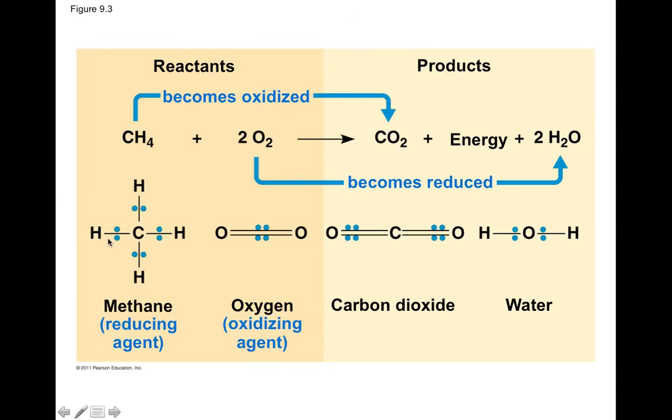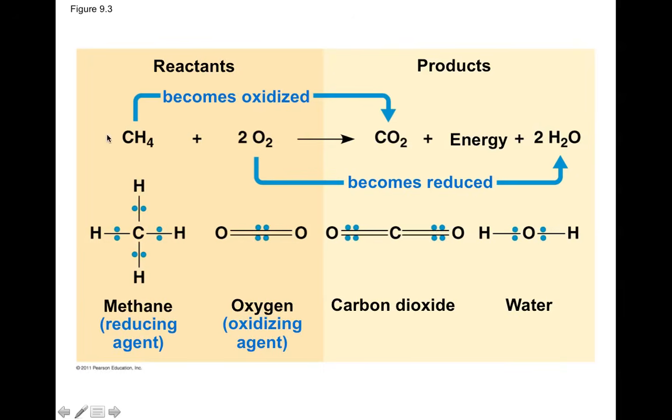The electrons are going to spend about half their time with hydrogen, about half their time with carbon. And we know that oxygen, like we just said, is really greedy for electron density, strongly electronegative. But in oxygen gas, you've got two oxygen atoms that are duking it out, fighting for electron density. So they end up sharing because neither of those oxygen atoms is stronger than the other and able to wrestle the electrons to its side of the molecule.